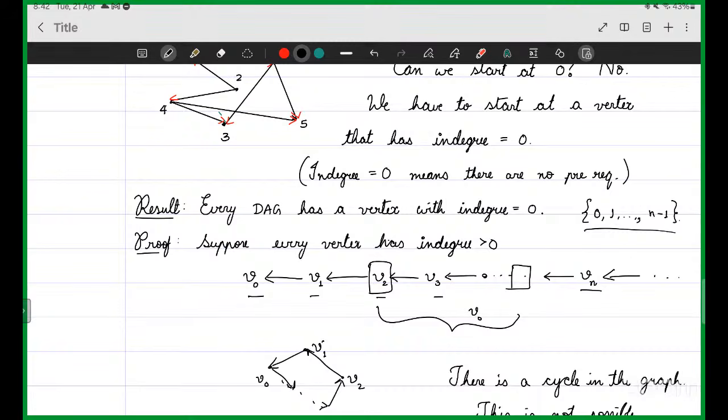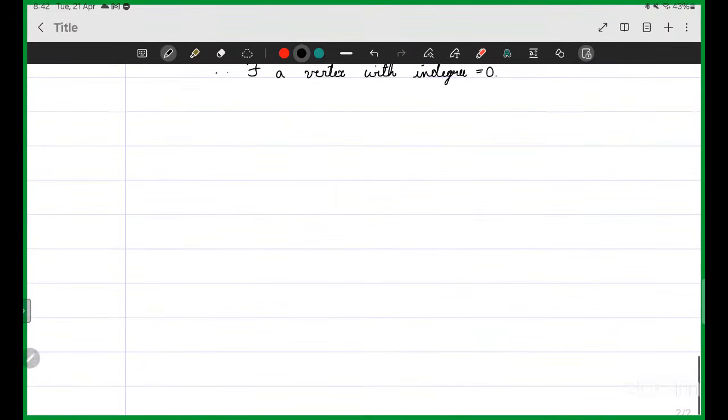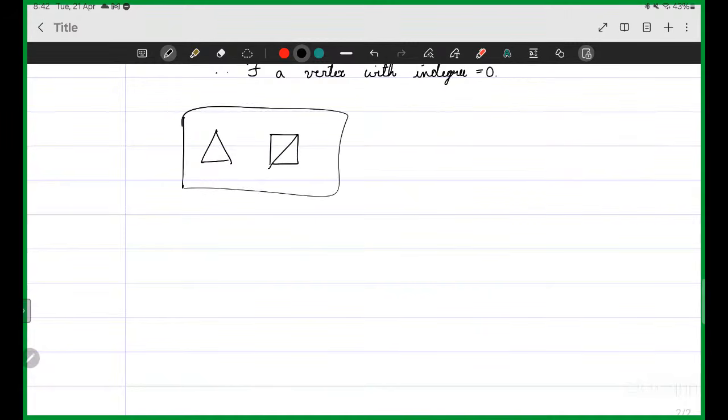An acyclic graph should not have any cycles. So if I have a graph like this, let's say a triangle and something like this, it is not an acyclic graph. This whole thing is not a DAG. Give it directions if you want. Something like this. This is not a DAG because this is a cycle.